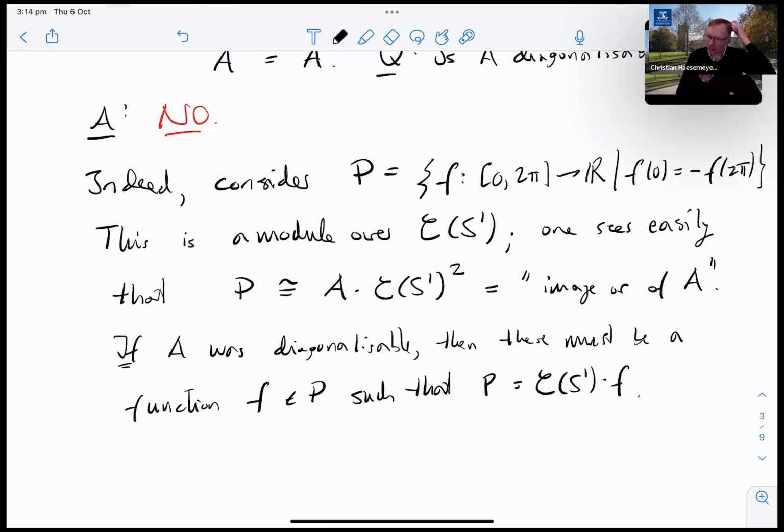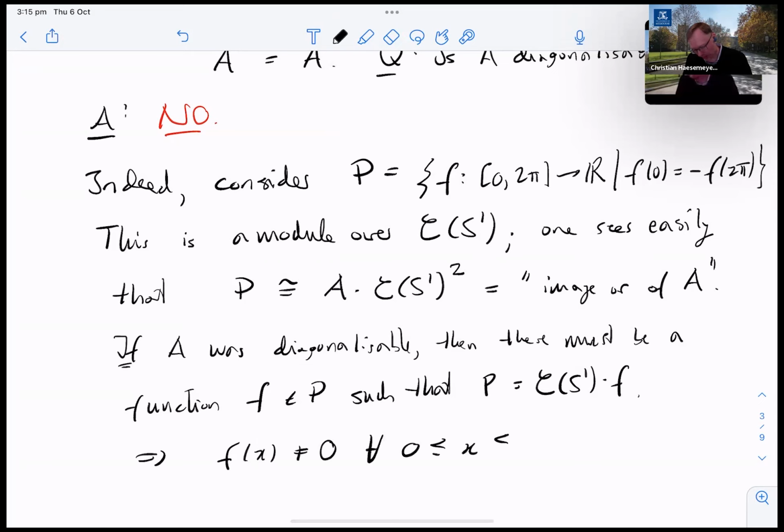But then if you think a minute, this can only be true if the function f is non-zero for all x between 0 and 2 pi. Because if it vanishes somewhere, then if you multiply it with some other function, it will vanish there.